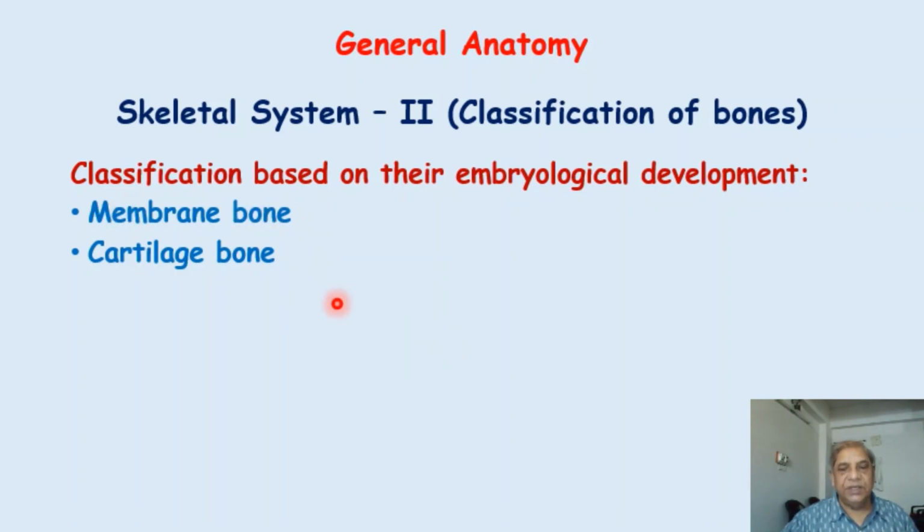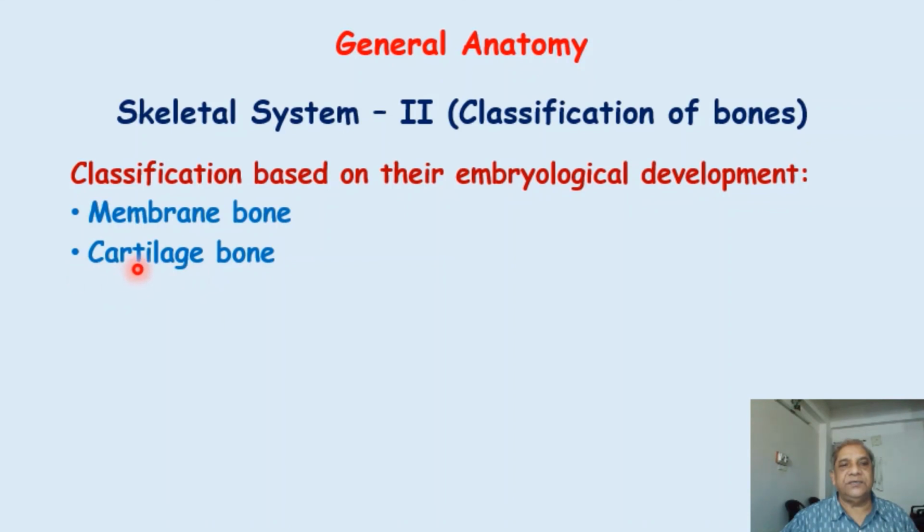That means first in the embryo, the membrane is formed because of the condensation of mesenchymal tissue. And what is mesenchymal tissue? It is nothing but the connective tissue of an embryo. When they condense, they form the membrane, and on this membrane the bone is formed. So it is called membranous ossification.